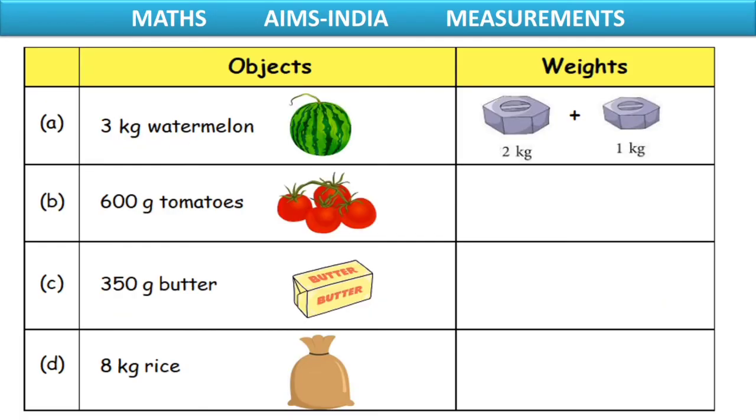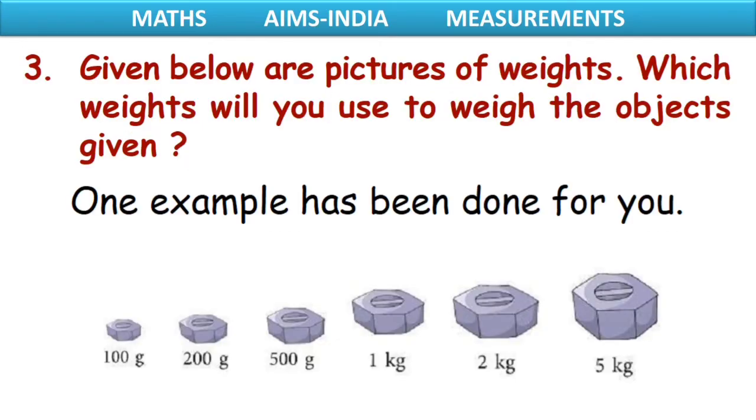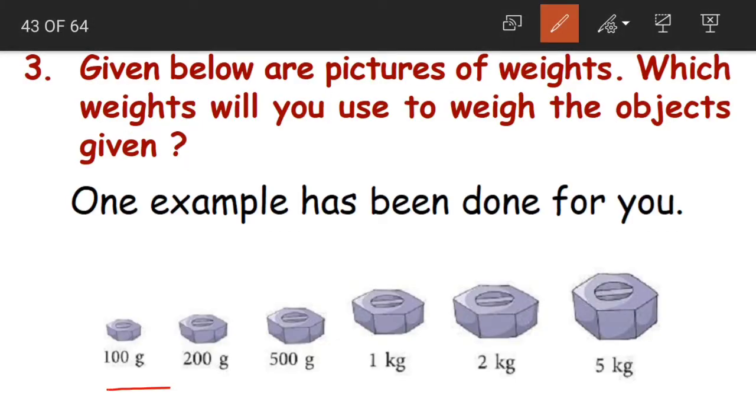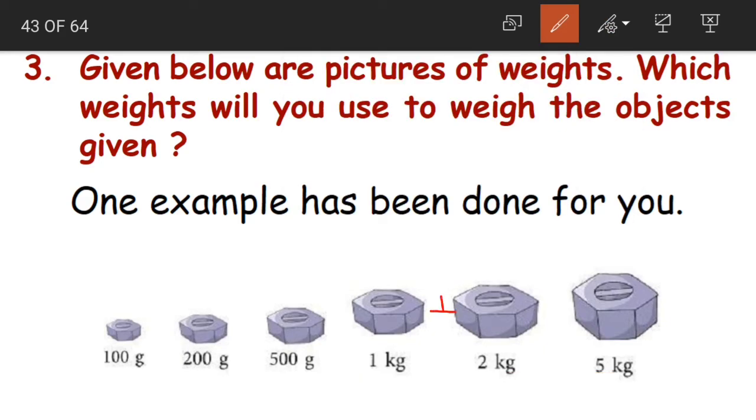So if you look at the first question here, we are having a 3 kg watermelon. Now to weigh this, what should we put? Here, do we have any weight that says 3 kgs? No, we do not have any weight that says 3 kgs. So how can we get 3 kgs, children? 2 kgs plus 1 kg. 1 plus 2 is equal to 3 kgs.